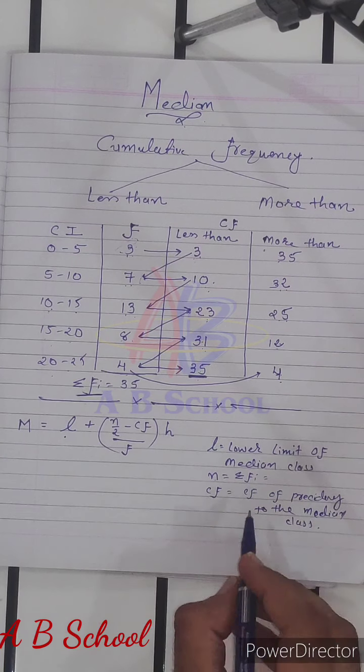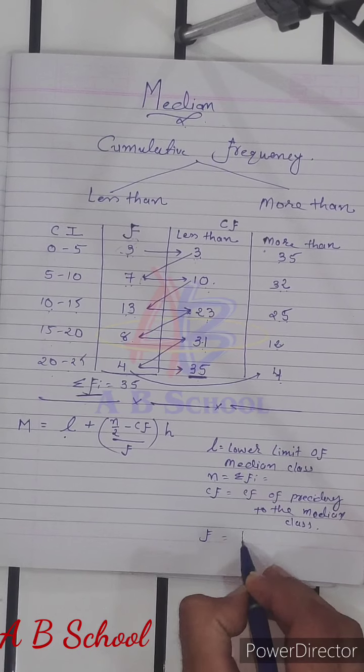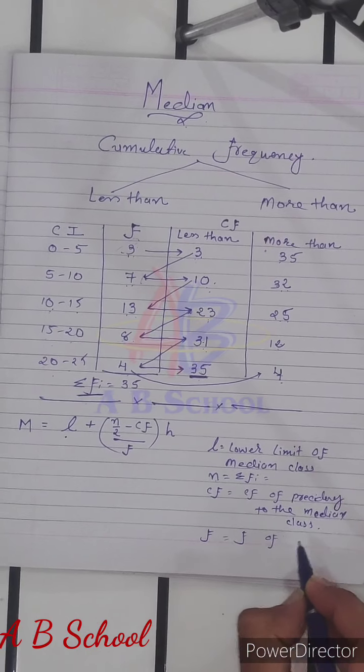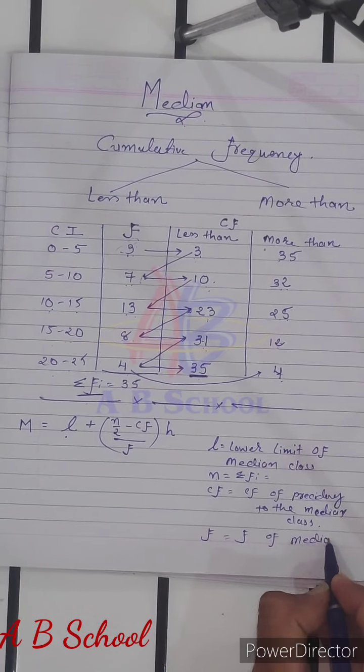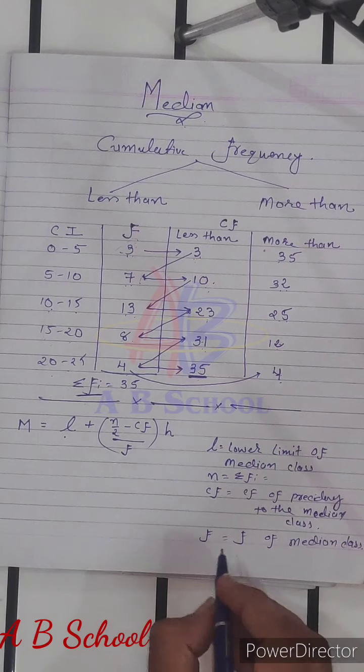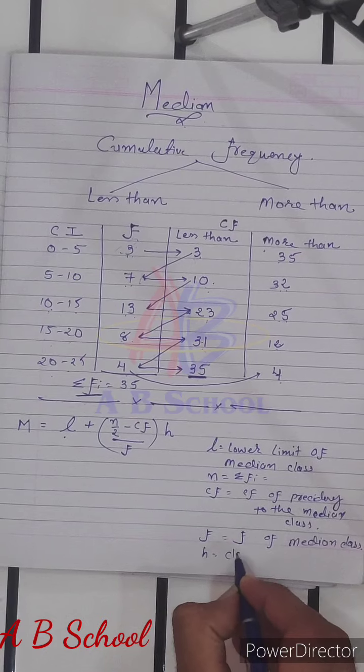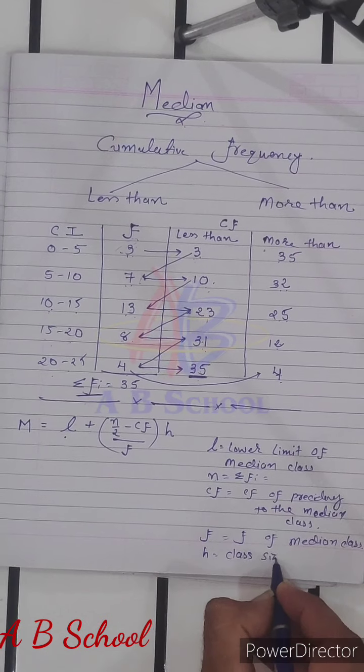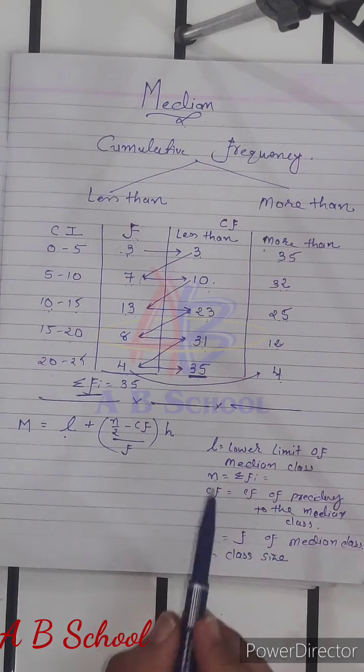And then F is the frequency of the median class. And lastly, H we know as the class size.